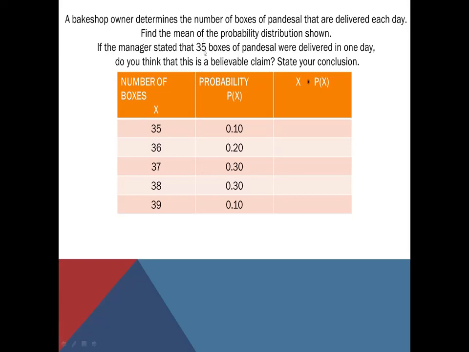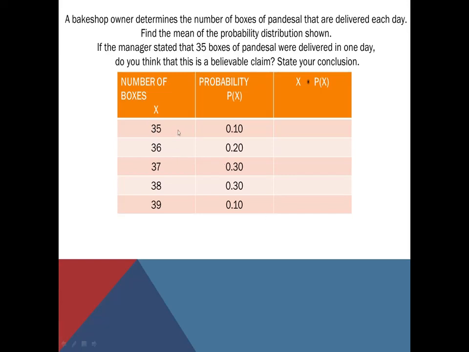He says 35, right? So we will see if his claim is believable. By applying the mean of a discrete random variable, we can see if what he says is true.